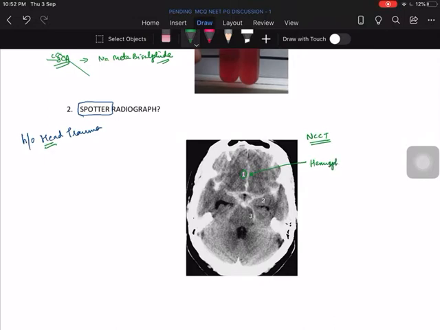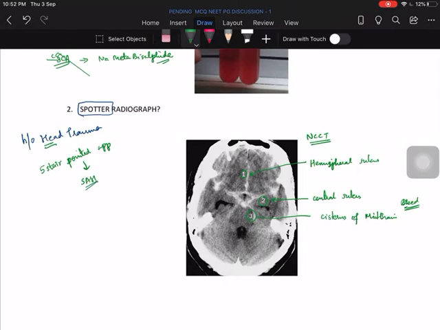The first point is the hemispheric sulcus. The second one is your central sulcus. And the third one is the cisterns of the midbrain. So all these areas you are seeing bleed, and this is the characteristic five-star pointed appearance of subarachnoid hemorrhage.